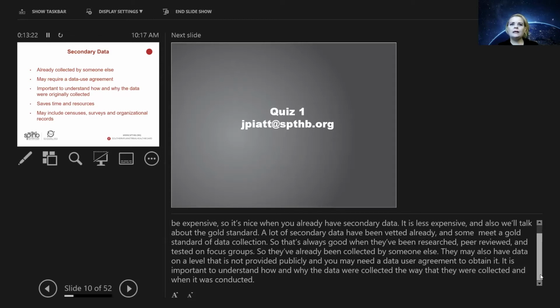So you may need a data user agreement. I've contacted the CDC about some of their studies. I've contacted NIDA about some of their data. They usually have pretty easily obtainable contact information where you can email them or call them and then discuss a data user agreement to see if they have data that fits your needs.